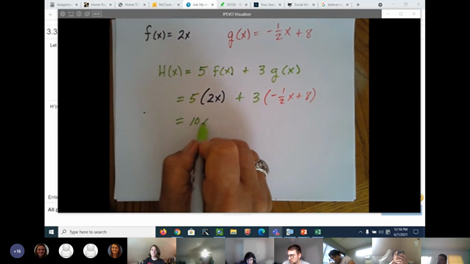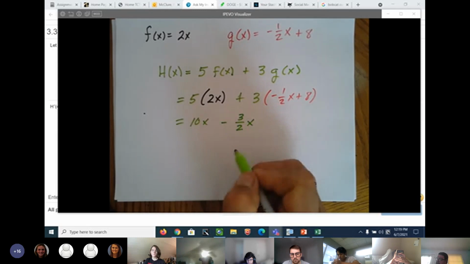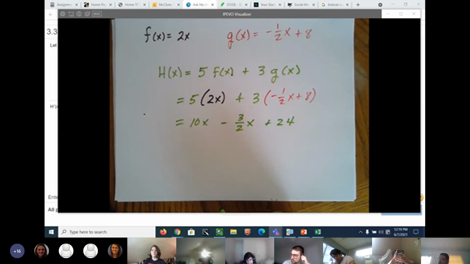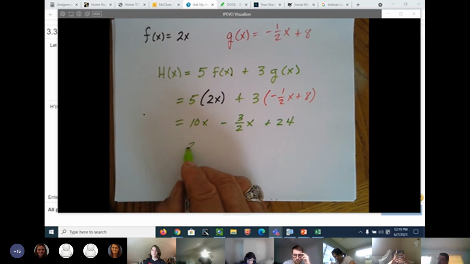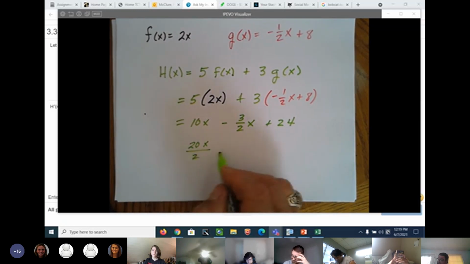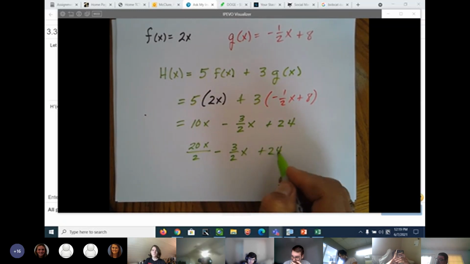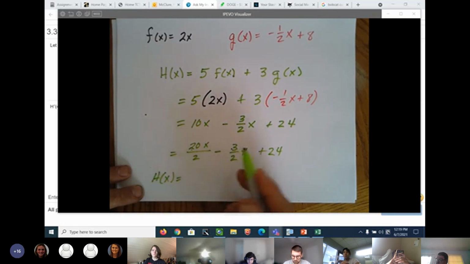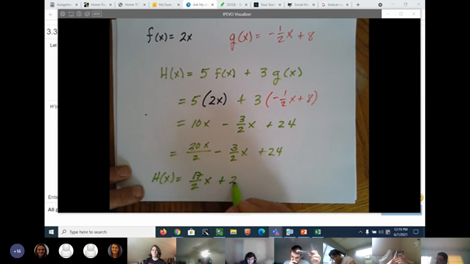So 10x minus 3/2 x plus 24. And let's see, 20/2 x minus 3/2 x. So h of x is equal to 20 minus 3 is 17/2 x plus 24.